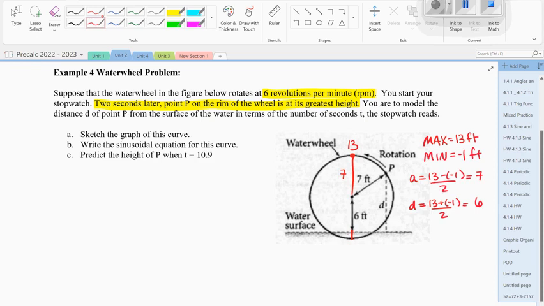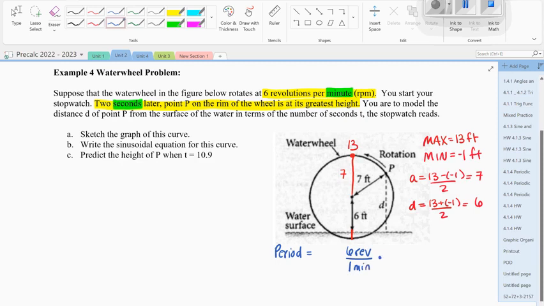So remember, it says it takes 6 revolutions per minute. That's important because notice that when we're doing the stopwatch, we're talking about seconds. So the first thing I need to do is, instead of revolutions per minute, convert it into revolutions per second. So the period is equal to, we have 6 revolutions per 1 minute.